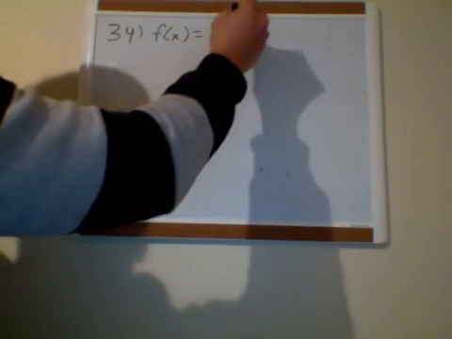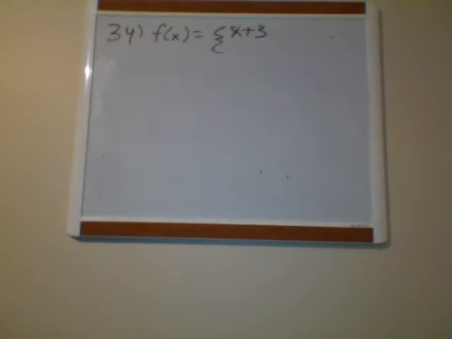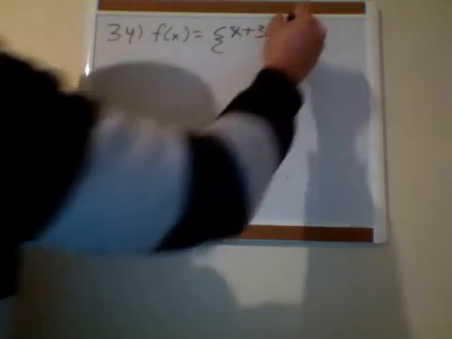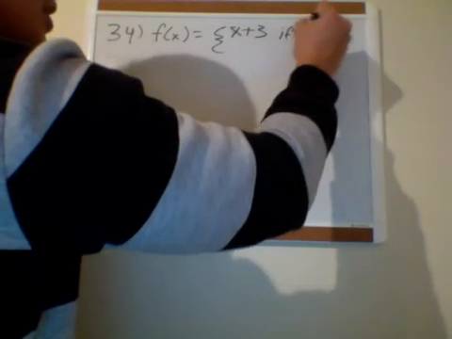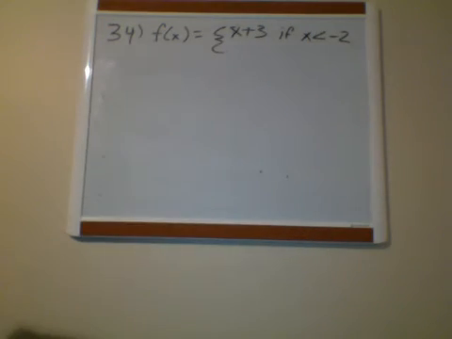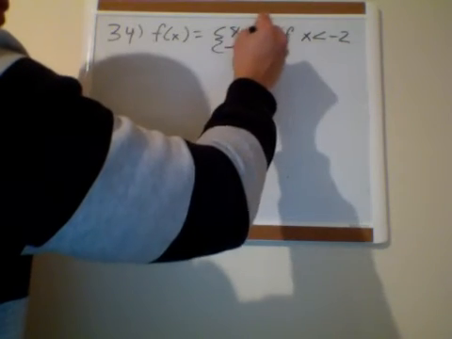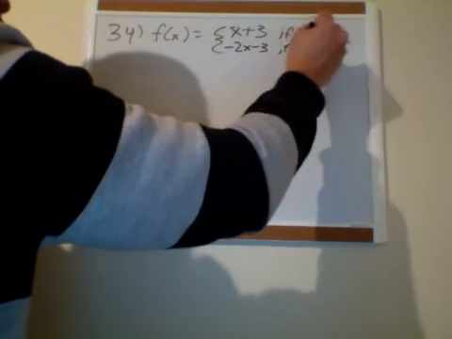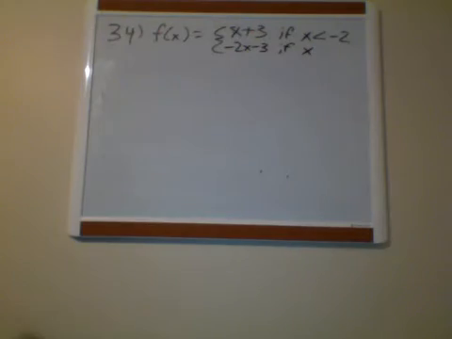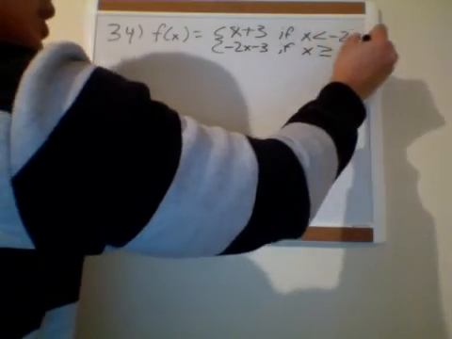I have f of x is equal to x plus 3 if x is less than negative 2. And then I have it's equal to negative 2x minus 3 if x is greater than or equal to negative 2.